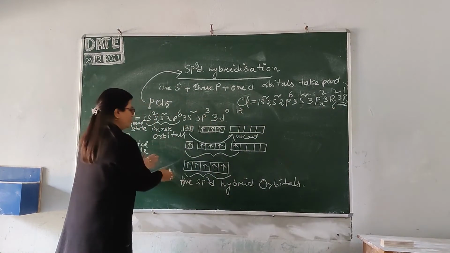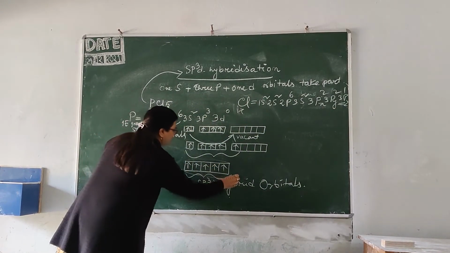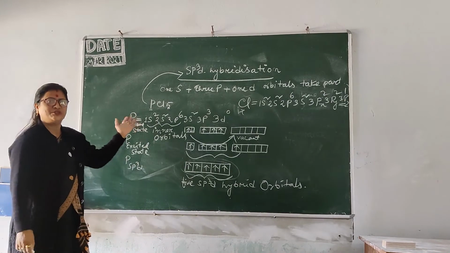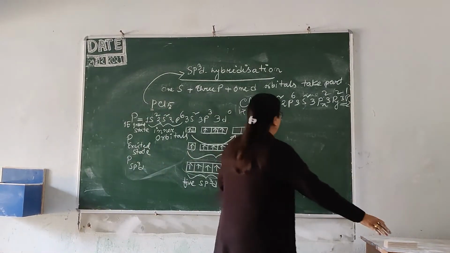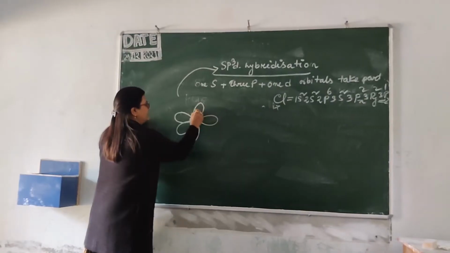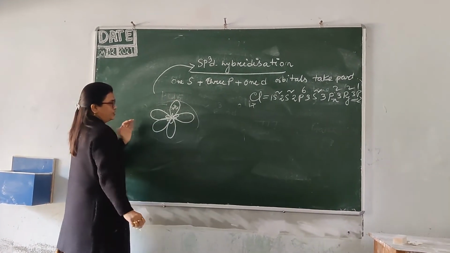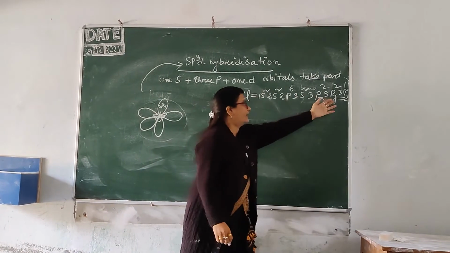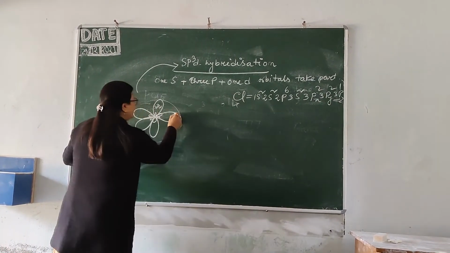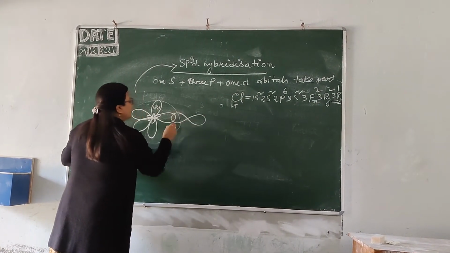This will combine with the 5 half-filled sp3d hybrid orbitals to form the 5 bonds. Like this, these are the 5 sp3d hybrid orbitals. This will combine with 5 half-filled 3pz orbitals of 5 chlorine atoms.